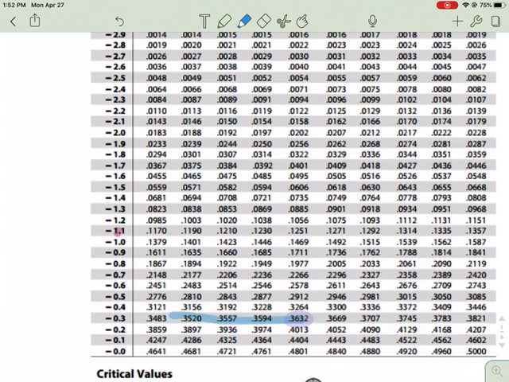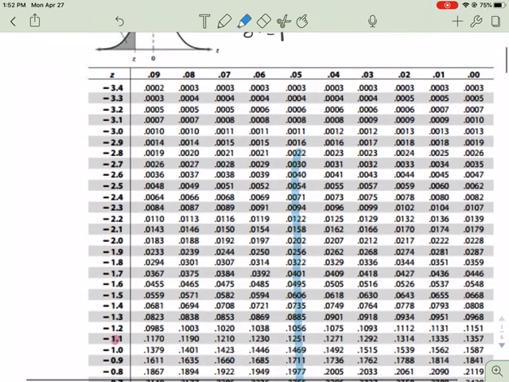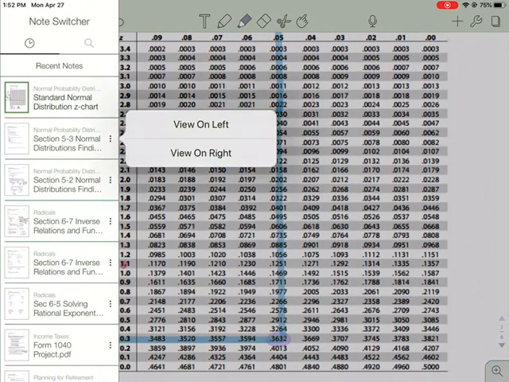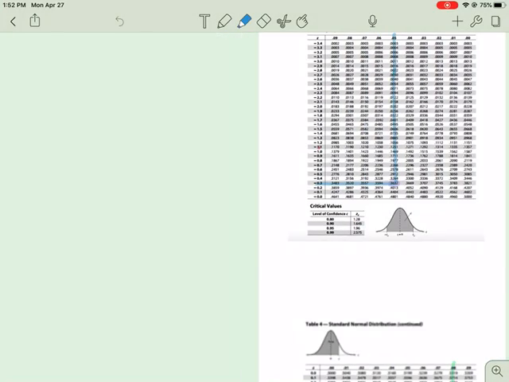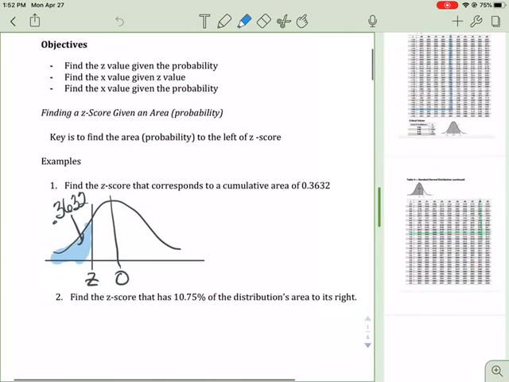Okay, so I'm going to follow this over to the left, which is negative 0.3, and I'm going to follow this up to find the hundredths place. So it looks like negative 0.35. So that is the z-score that corresponds to that.